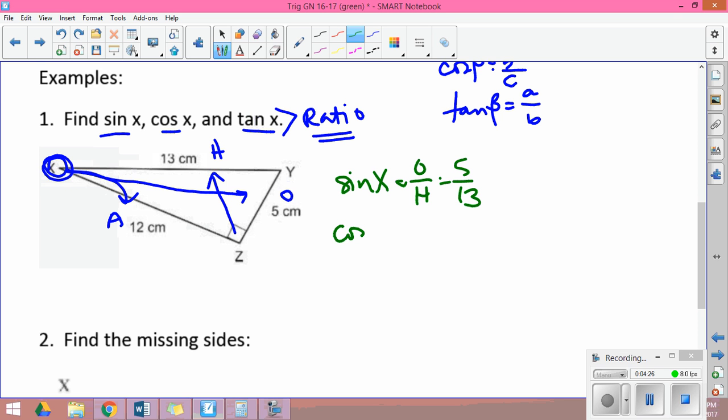When I go to do the cosine of x, I am doing the adjacent over the hypotenuse, which is 12 over 13. And when I go to do the tangent of x, which is opposite over adjacent, I have 5 over 12. Those are your answers. As long as your fractions are reduced, that is all you need to do.